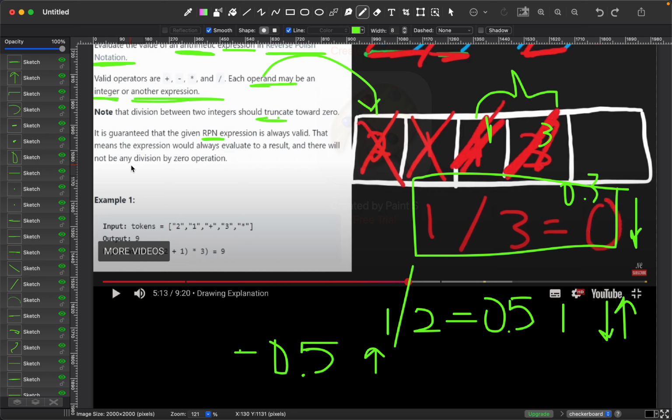And there will not be any division by 0 operation. So I can't divide 0.